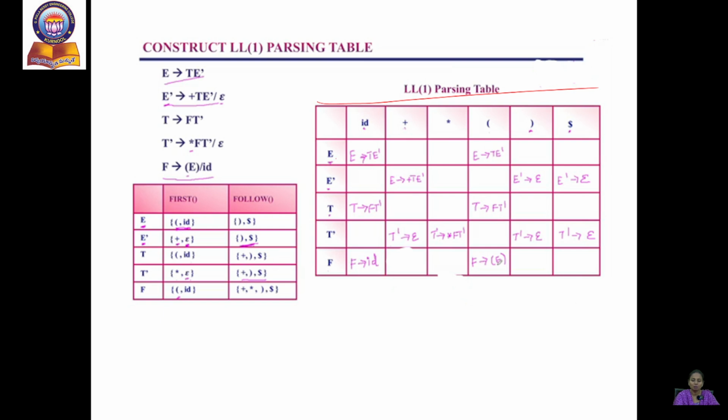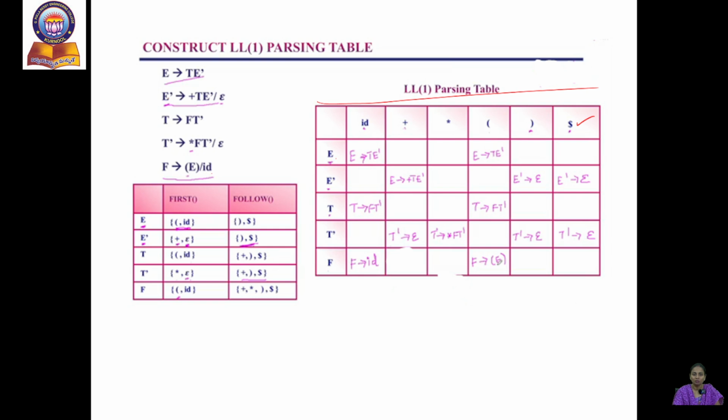The column names we have to consider are all the terminals present in the given grammar. So in the given grammar we have ID, plus, into, open bracket, close bracket, and dollar, which by default you have to consider at the end of the parsing table. Dollar will not be present in the given grammar, even though we have to consider it. Why? Because if any epsilon values are there, then no epsilon will be considered in the column.